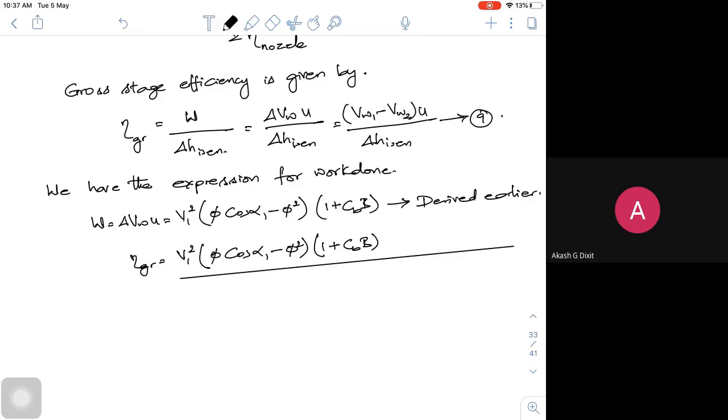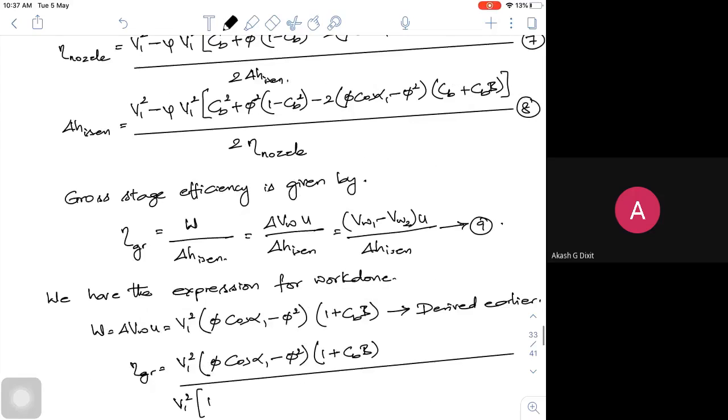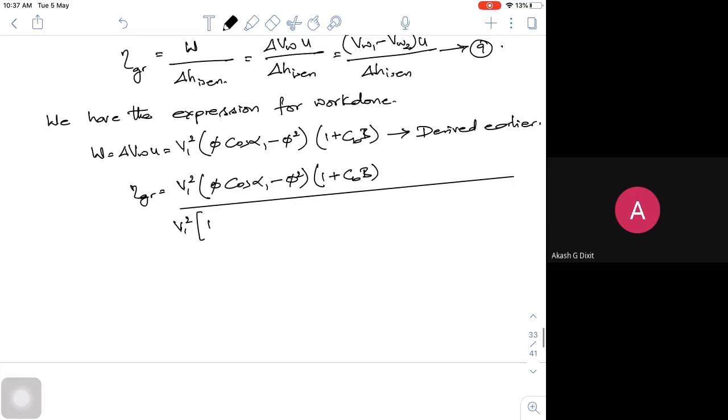That is V1 square into 1 minus psi into CB square plus phi square into 1 minus CB square minus 2 into phi cos alpha 1 minus phi square into CB square plus CB into B.